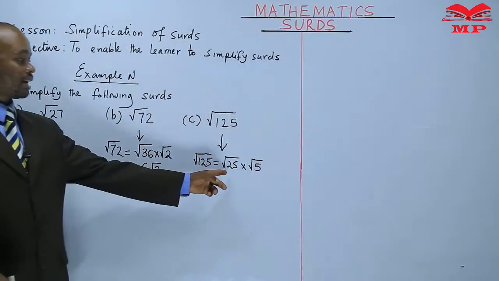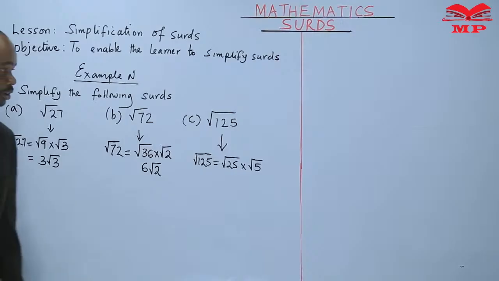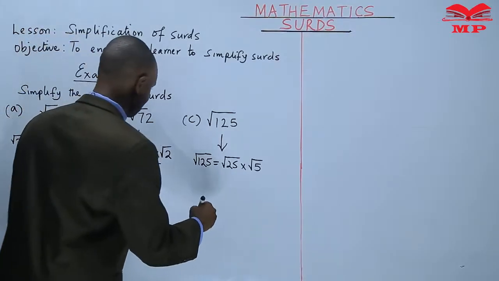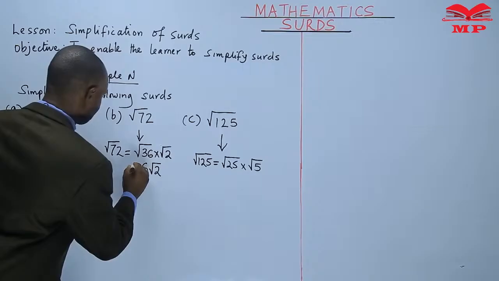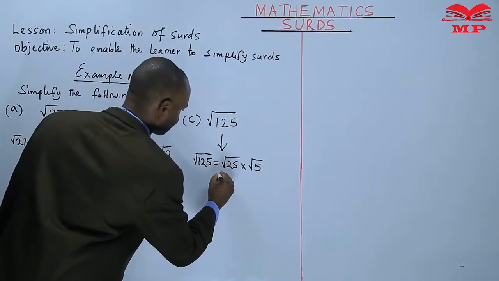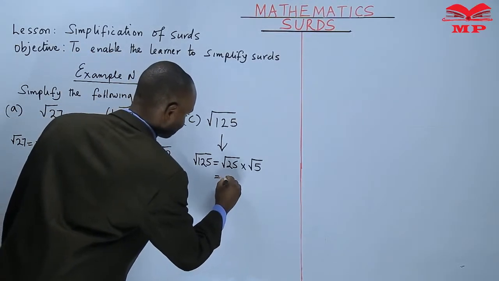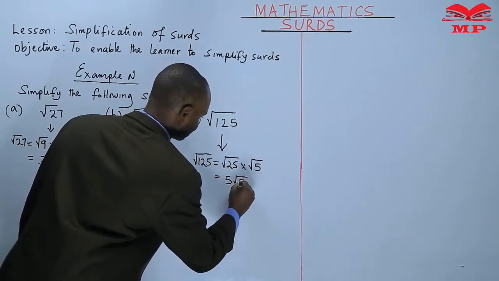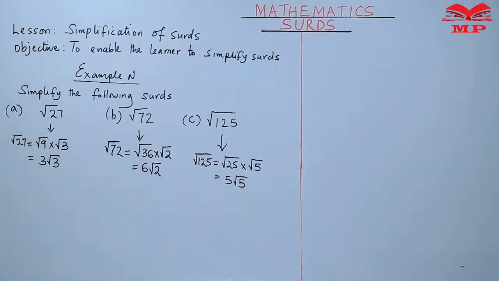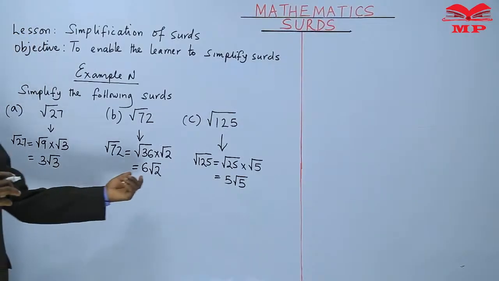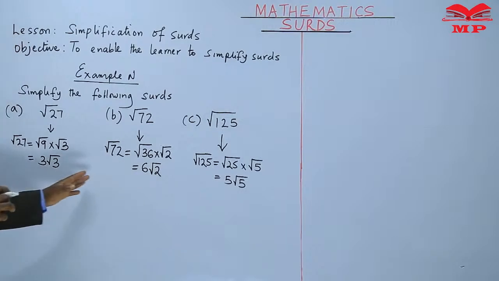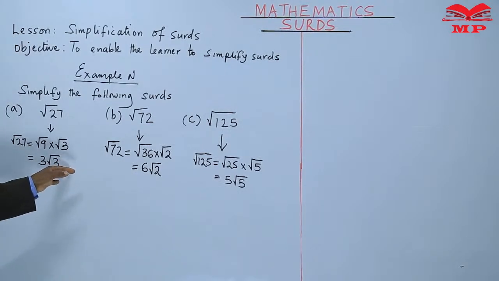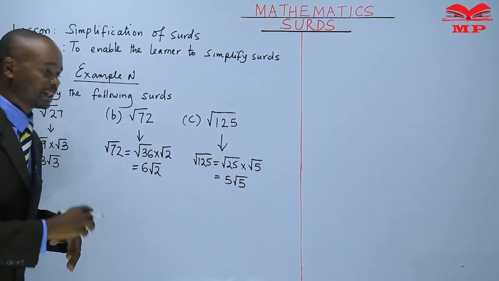But 25 has a perfect root. So this will be equal to 5 square root of 5. That is the simplified form. Usually, in the root sign, you remain with a number that does not have a perfect root. It will always be that for it to qualify to be a surd.